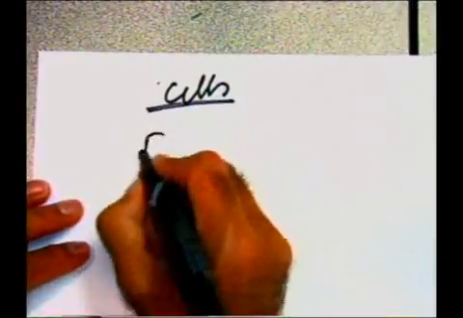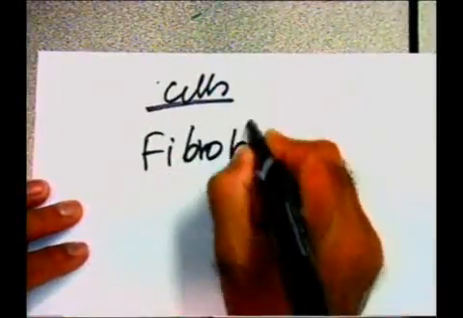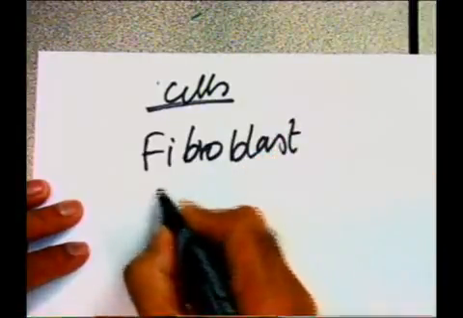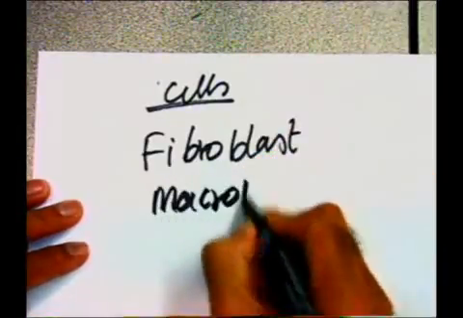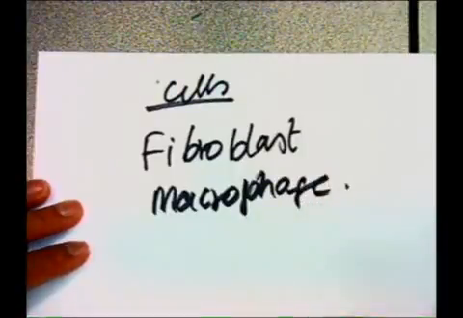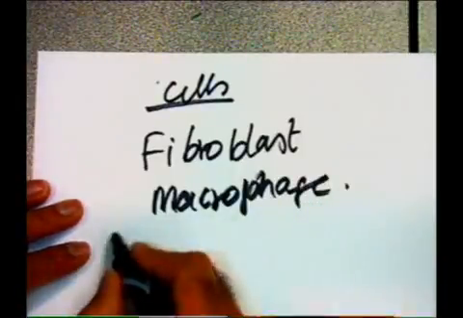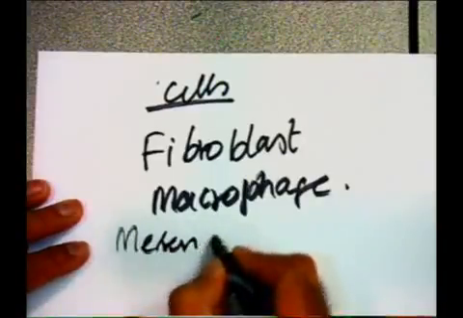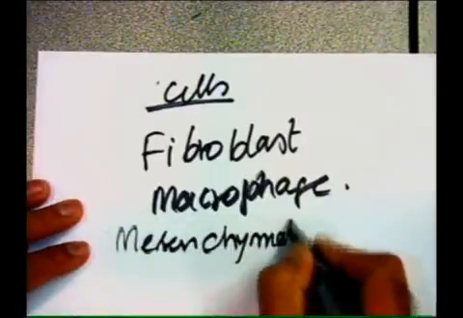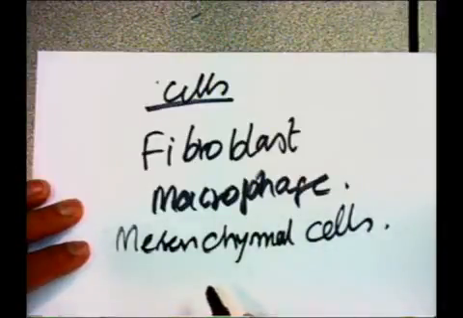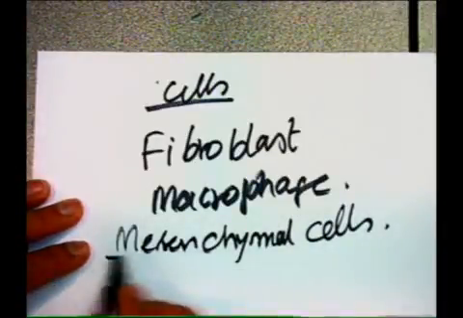Cells consist of fibroblast cells and macrophage, and also you have the mesenchymal cell. Mesenchymal cells.